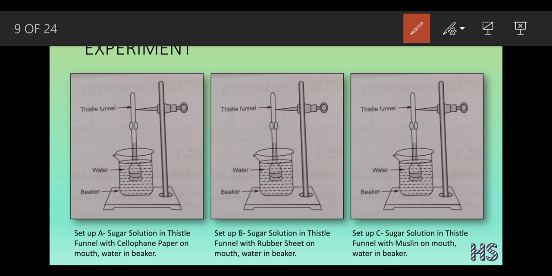Now I'm going to read the setup for you. There is a sugar solution in the thistle funnel. What is the thistle funnel? I made you aware. This is the thistle funnel with cellophane paper on the mouth, here.